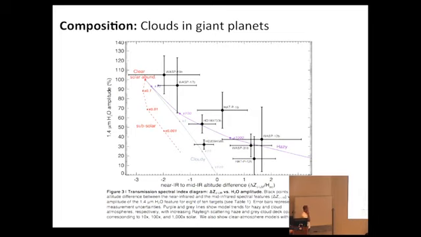I like this paper for a number of reasons. I thought this is very clever in terms of creating this color versus spectral feature size, and also because it's the power of exoplanets that's still not widely used in the atmospheres game, which is the power of statistics. Right? You may ask yourself, well, if there are still so many mysteries about the atmospheres of the planets of our solar system, we should just keep studying those because we'll get a lot more data.